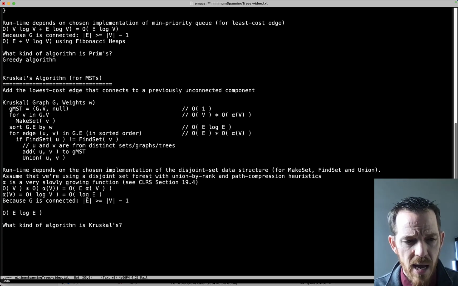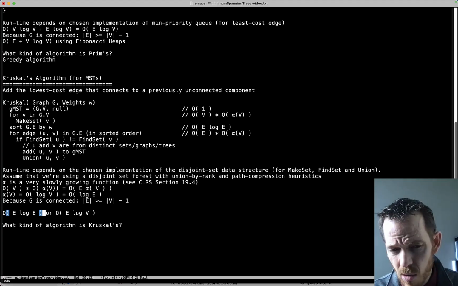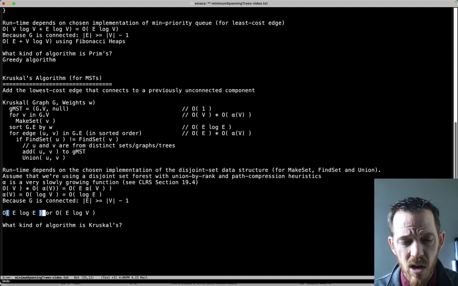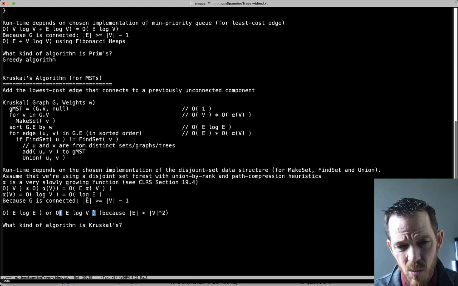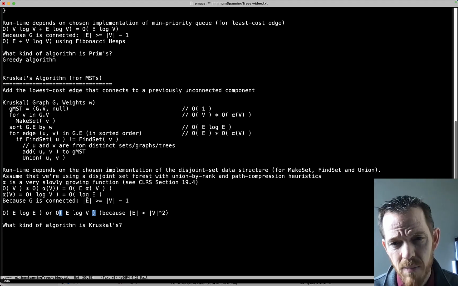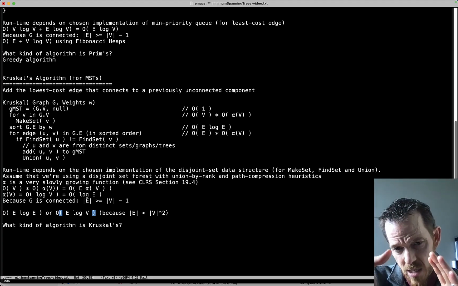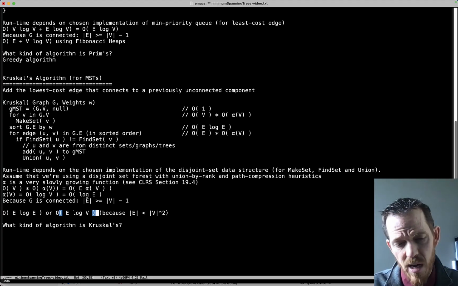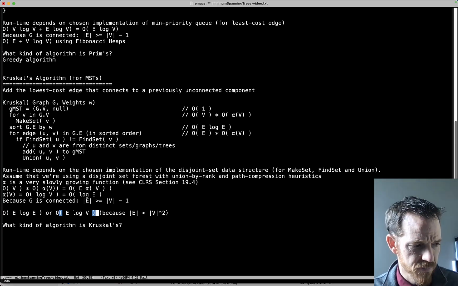And so overall we have an algorithm of order E log E, or we could say E log V, because we know that the size of E is less than the size of V squared. You could think of an adjacency matrix. You don't have more edges than V squared. We know that.